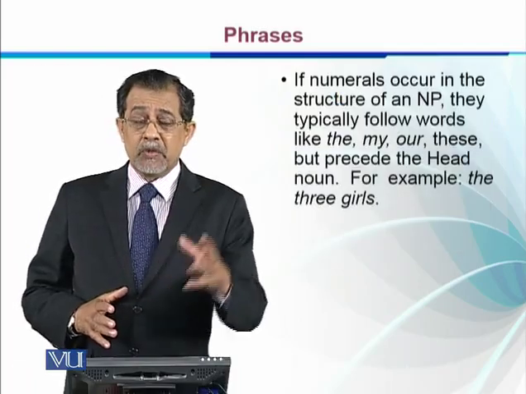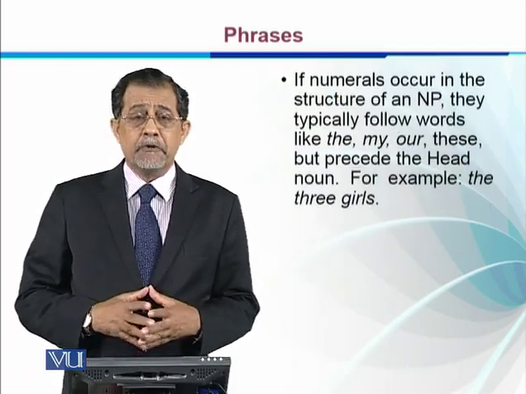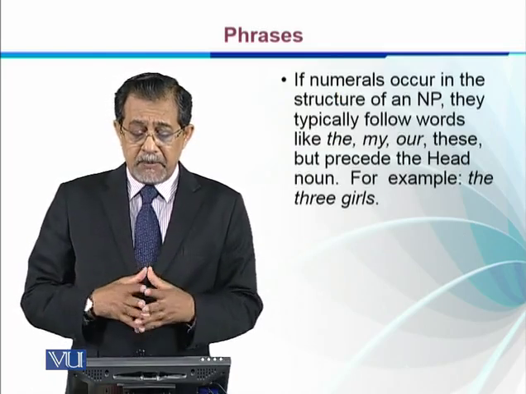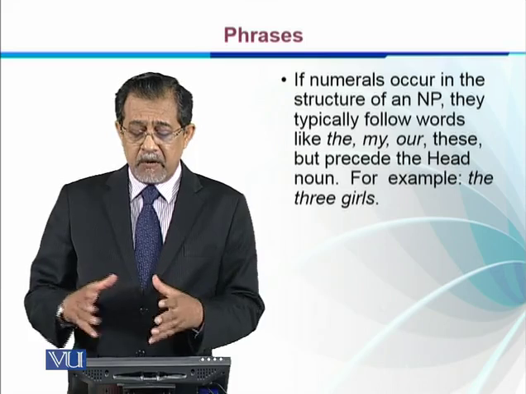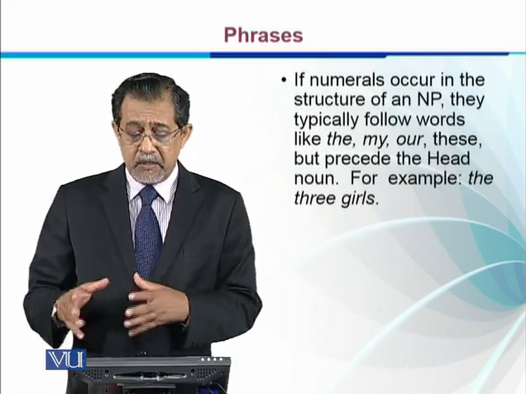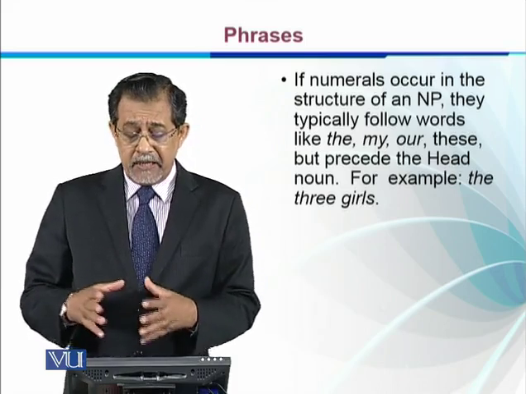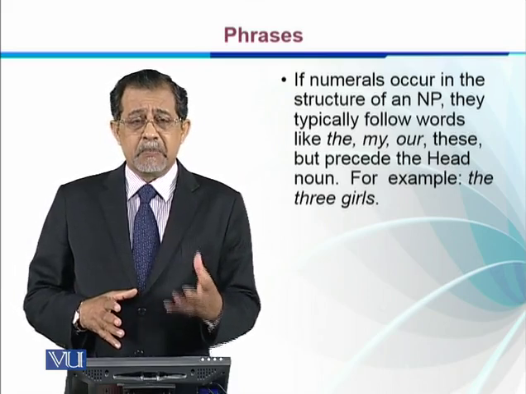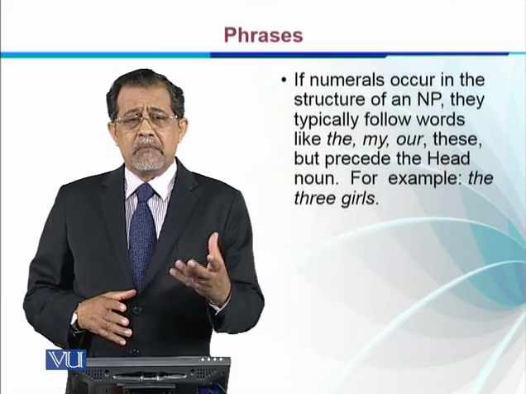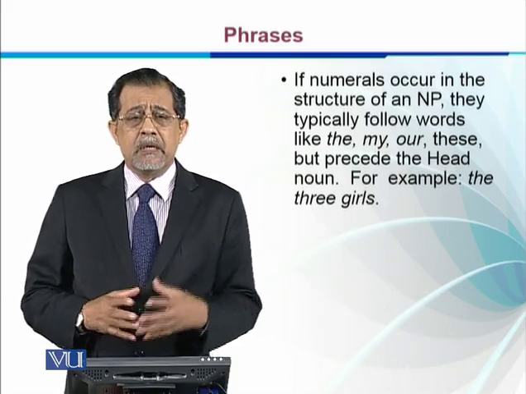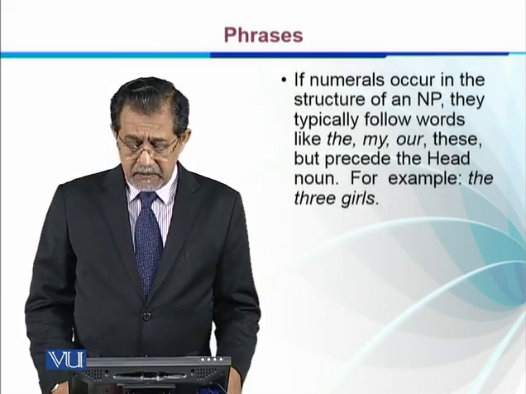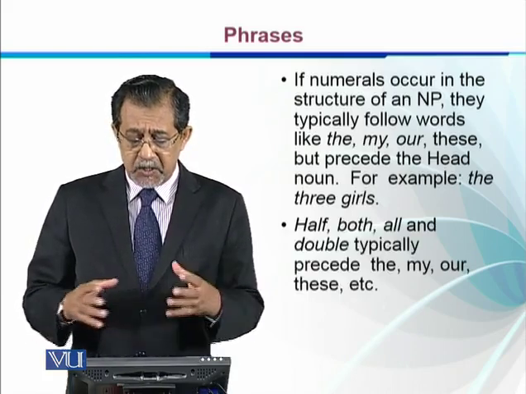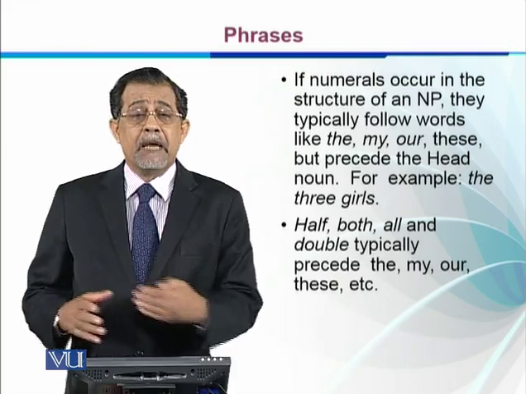However, we need to know a few things. For example, if numerals occur in a structure of a noun phrase, they typically follow words like my, our. If you look at this, the three girls, so three is a numeral, right? It follows the word the, which is a specifier, or as per our previous knowledge, an article, a definite article. Half, both, all, and double typically precede both my friends, right?